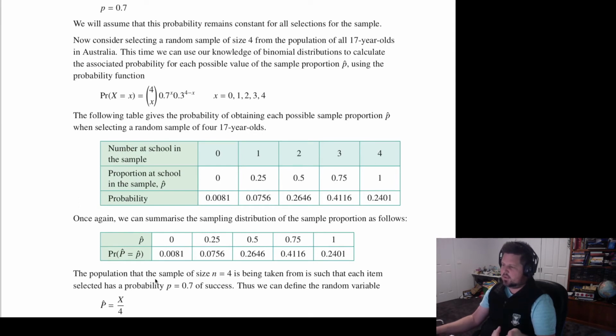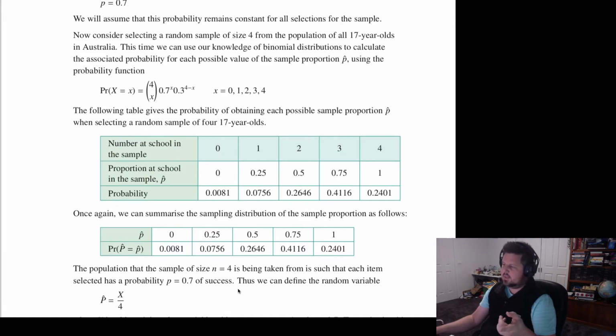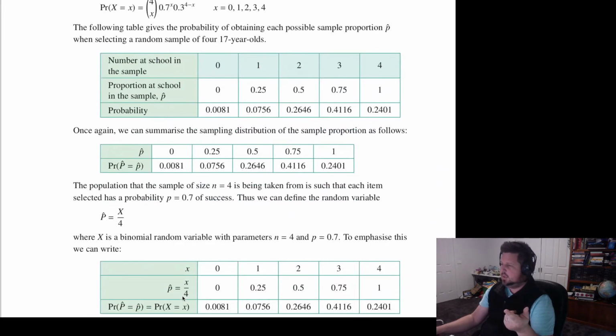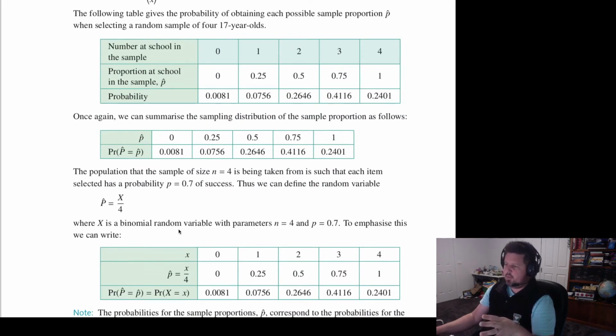The population that the sample of size n equals 4 is being taken from is such that each item selected has a probability of p equal to 0.7 of success. Thus we can define the random variable big P hat equal to X over 4, because of the sample size of 4, where X is a binomial random variable with parameters n being 4 and p being 0.7.